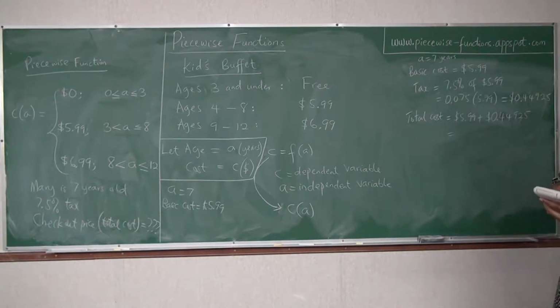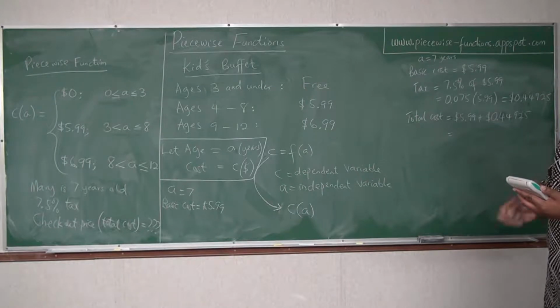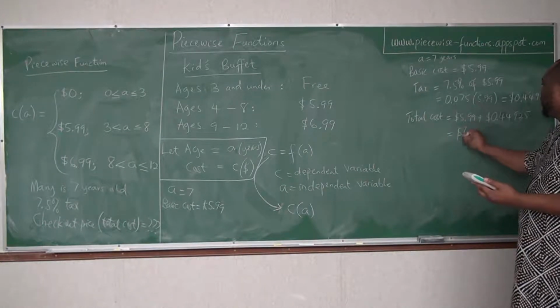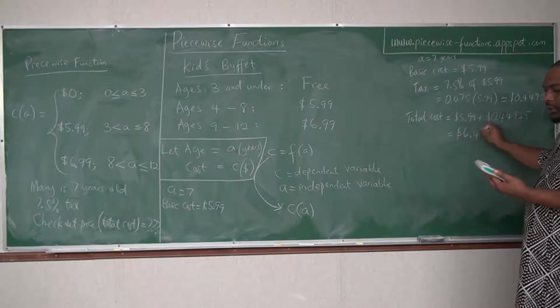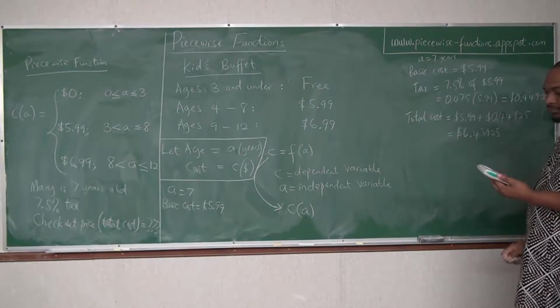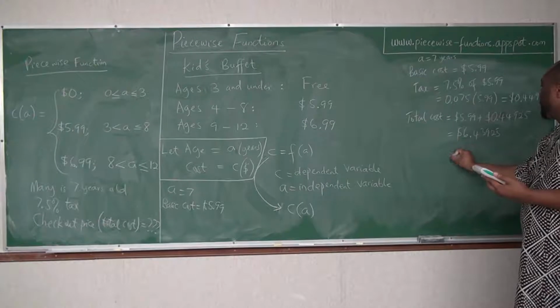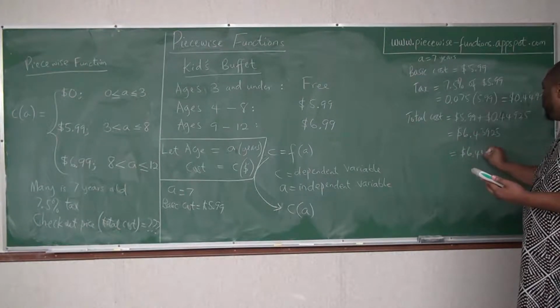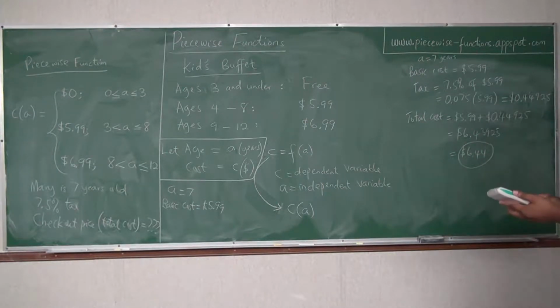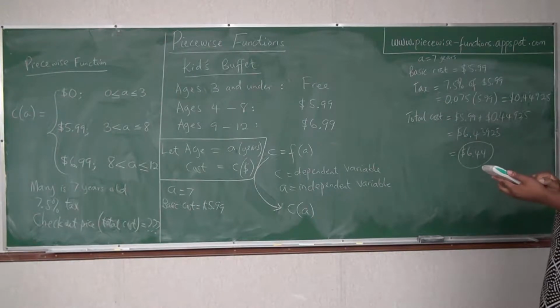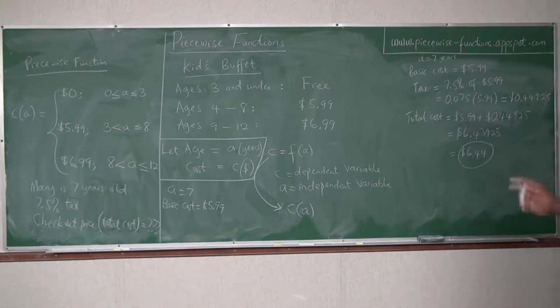So her checkout price would be 6.43925, which is now $6.44. $6.44 would be her checkout price. Does that make sense? Please do not round until the final answer. Do not round intermediate calculations. You only round at the final answer.